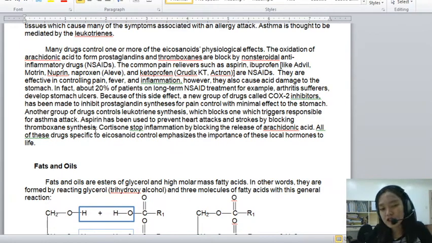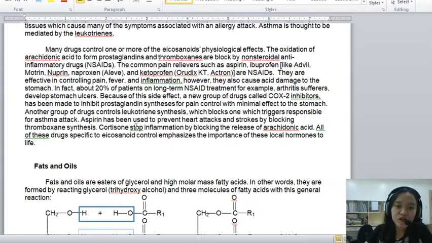Kasi ano yung effect ng thromboxane para sa blood clotting? So, para ma-decrease or ma-prevent mo yung blockage sa arteries and doon sa vessels or veins that are found in your cardiovascular system, ang iba, umiinom ng aspirin, okay, para ma-prevent yung effect ng thromboxane or ma-prevent yung synthesis ng thromboxane.